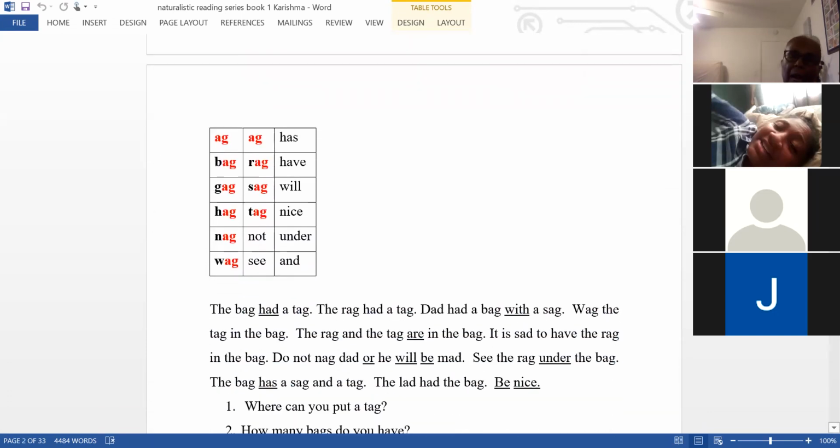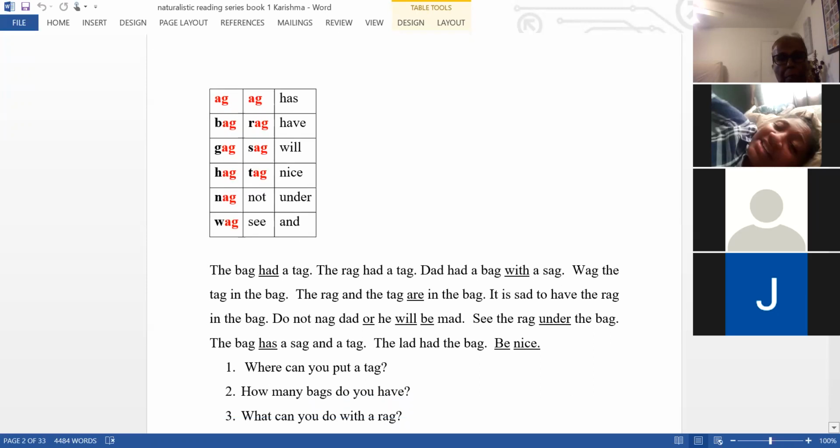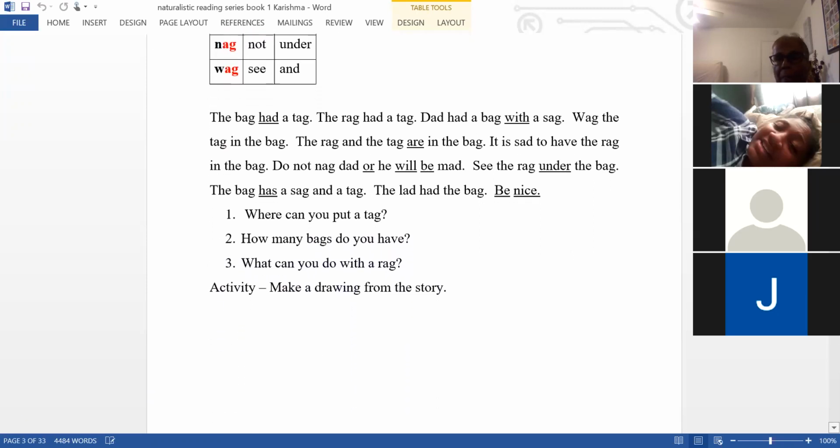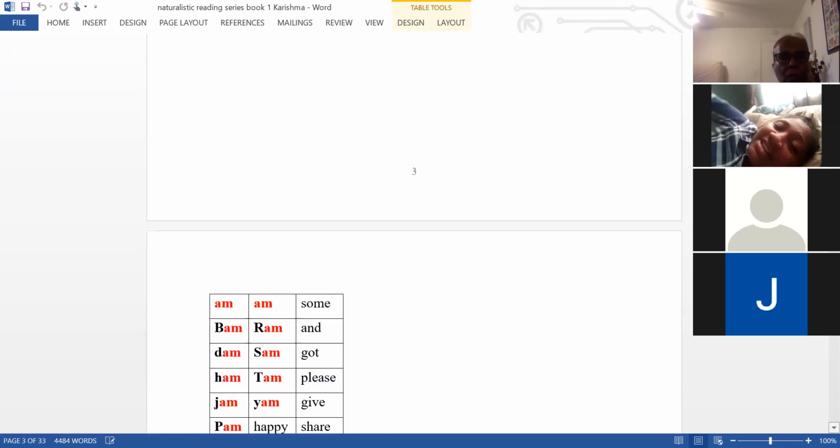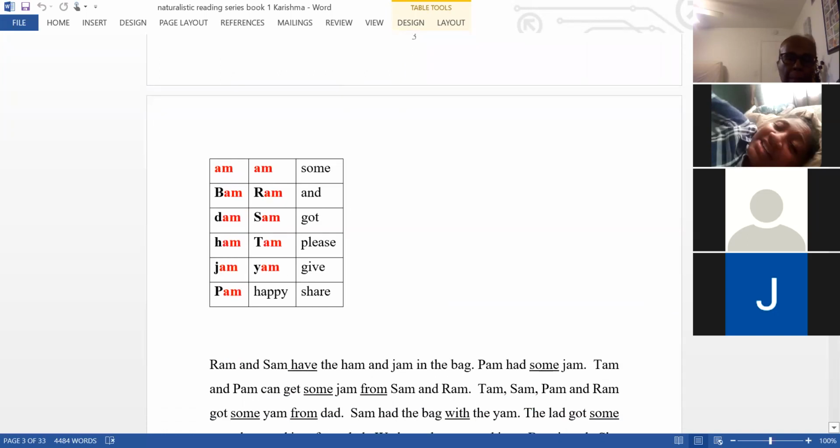So we have to hear the D sound, the B sound come in, and the G sound here, G. All right, and please pay attention to how they sound and sound properly. M, and if you notice, I have Bam and Pam, Sam, Ram, and Tam.